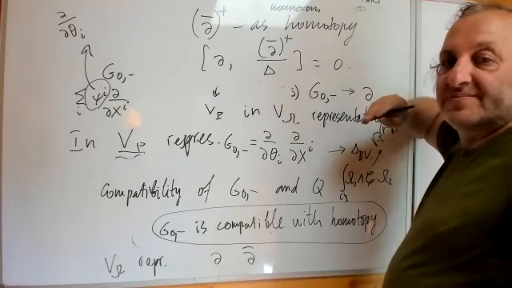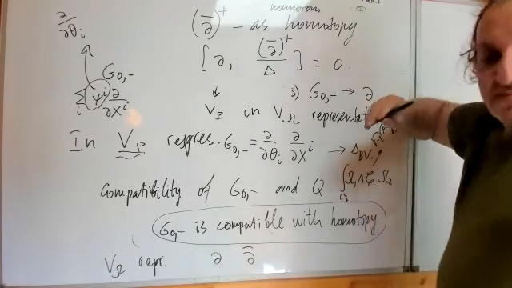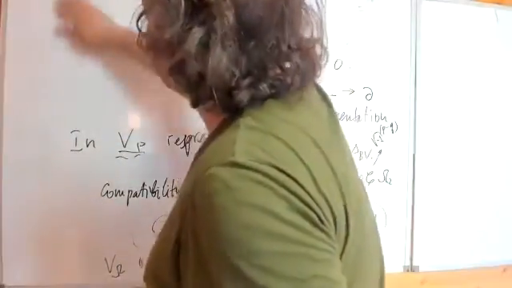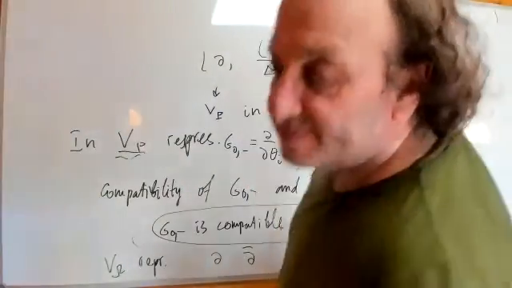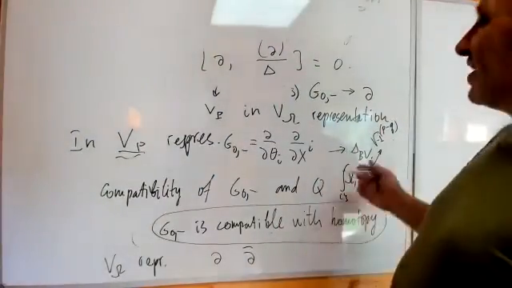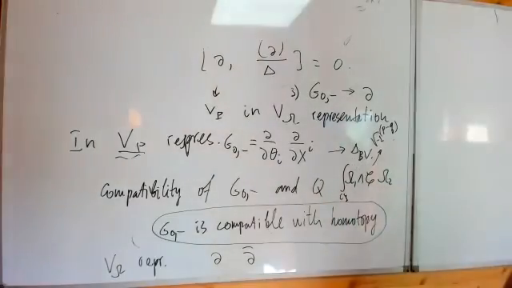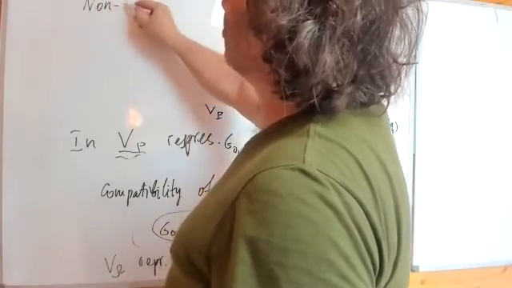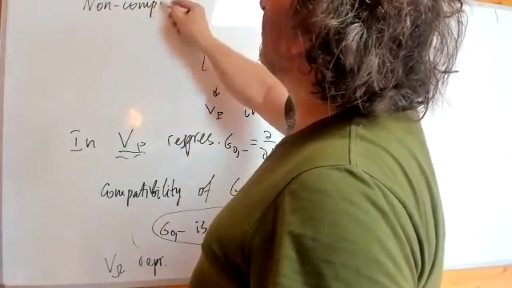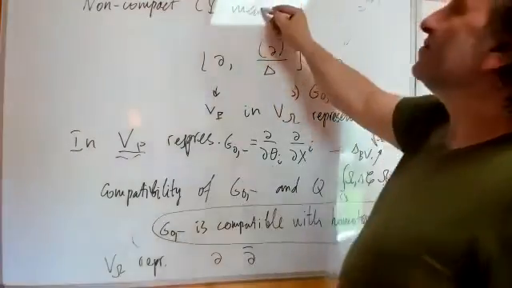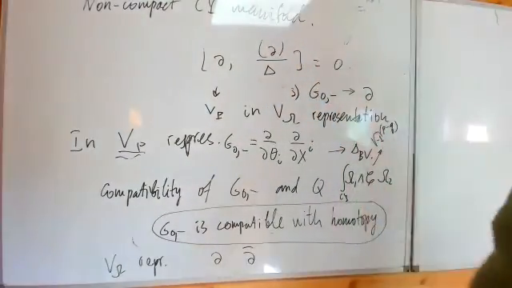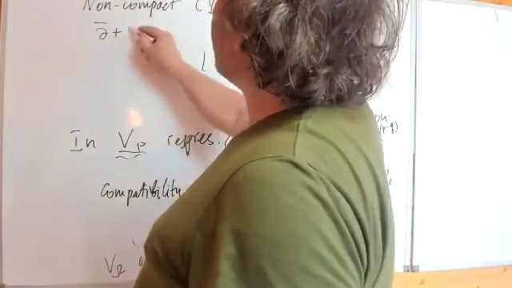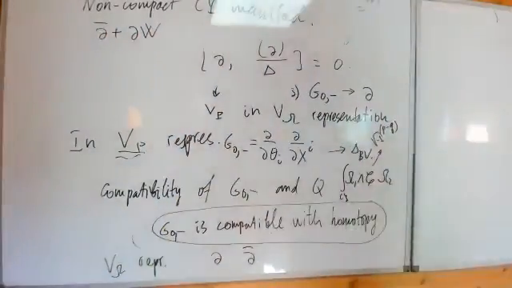Sorry, I don't quite understand what you're saying now. I'm saying the following. Suppose I have this structure. Suppose I have something like a non-compact Calabi-Yau manifold. And moreover, I can add a superpotential.